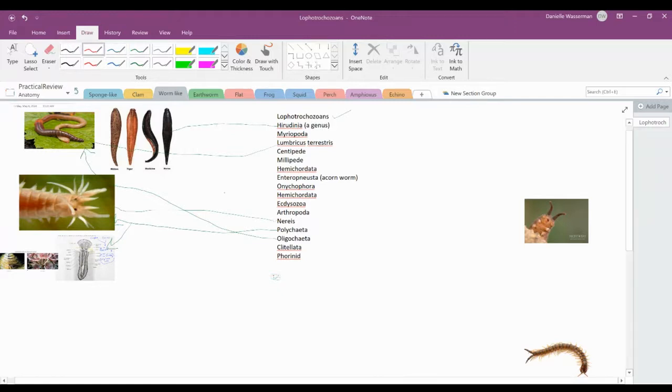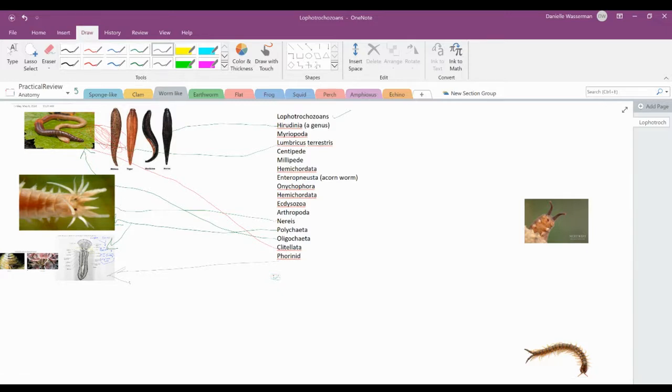Again, another color. Clitellata for both. So this looks messy now, but oh, and Phorinid. But that's just how the words are stacked, rearranged. They could come across nicely.